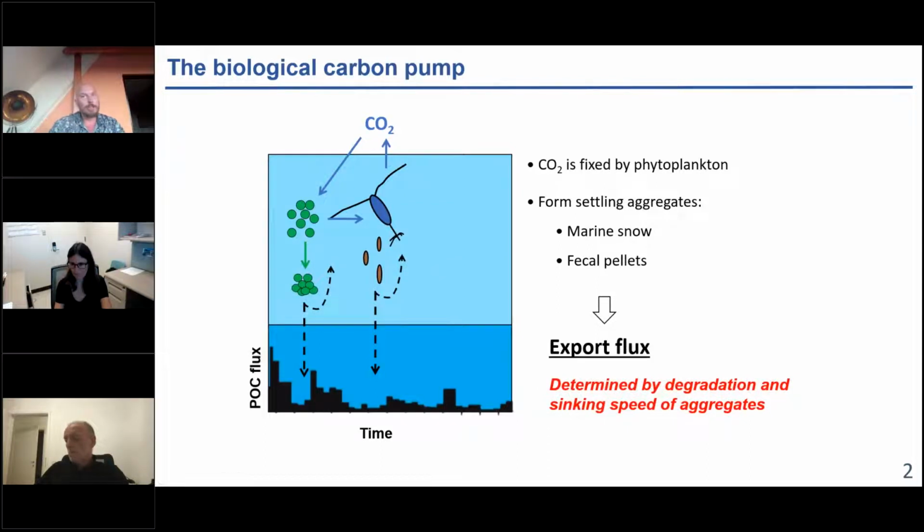In the simplest form, export flux is determined by degradation of organic matter, turning organic matter back into CO2, and by the sinking speed of these particles. In a vertical water column, sinking speed basically determines the time you have to respire organic matter back into CO2.